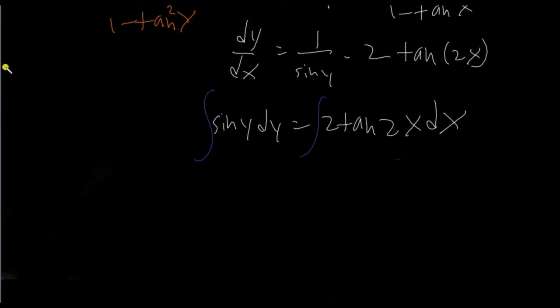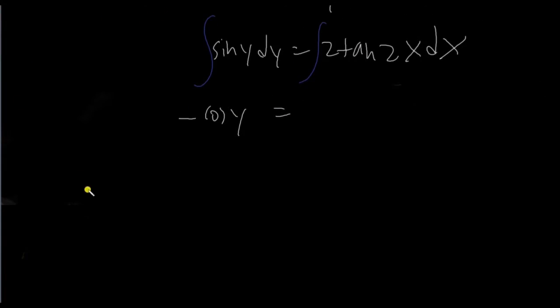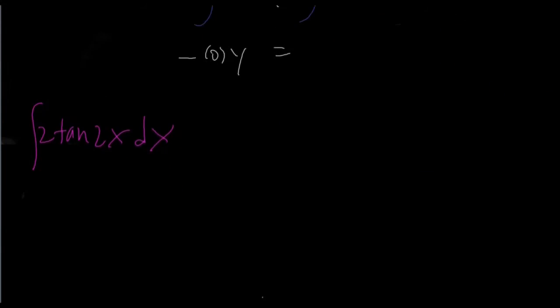The integral of sine is negative cosine, and then the integral of 2 tangent 2x, that's going to take a few steps, so let's do that down here. First, we'll start with u substitution to get rid of the 2's.